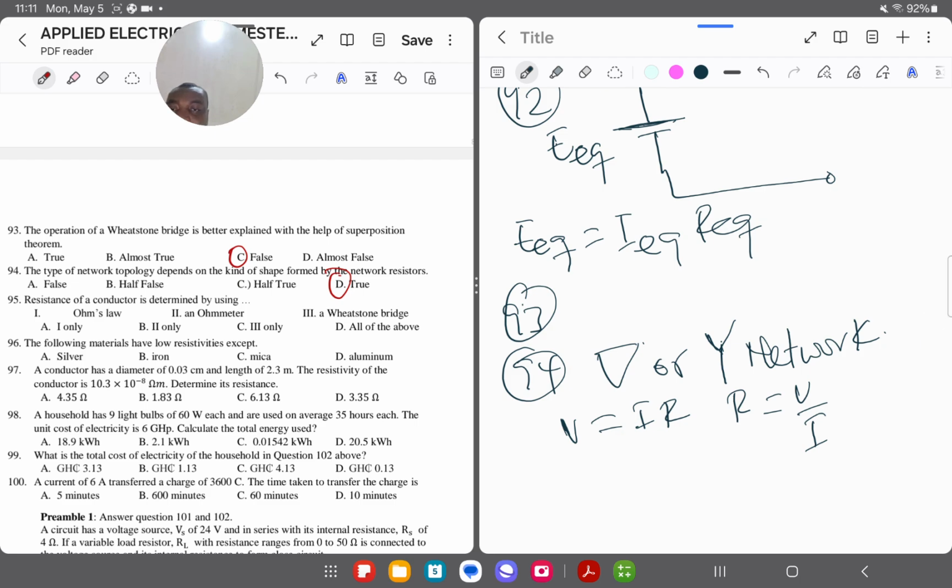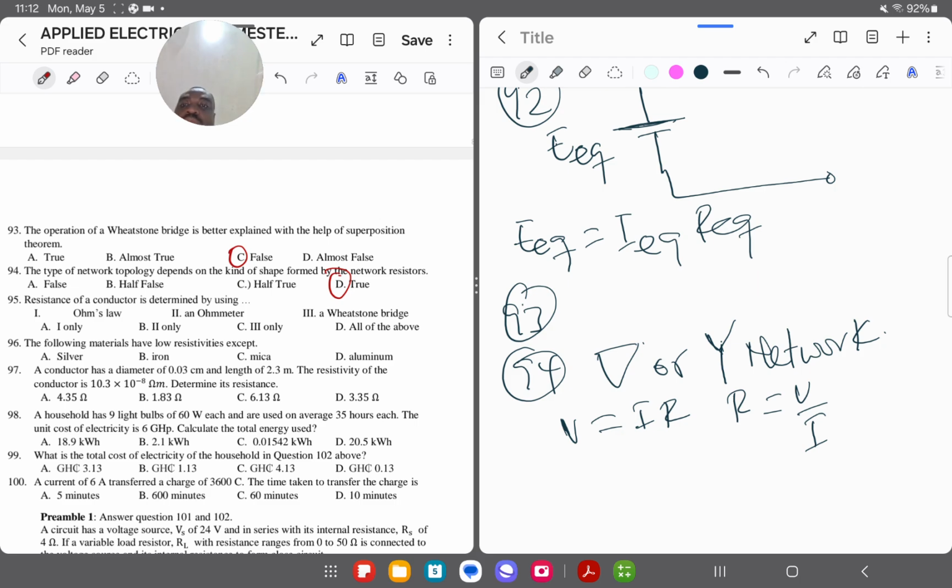So this one is correct. Then an ohmmeter: if you are at the lab, an ohmmeter is an instrument used to measure resistance. So that one is true. Now a Wheatstone bridge is also true.